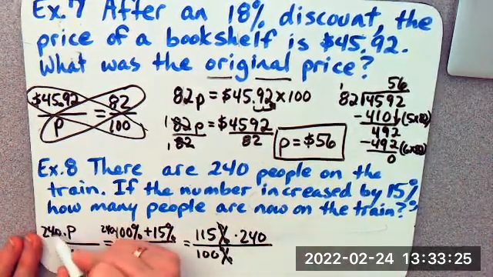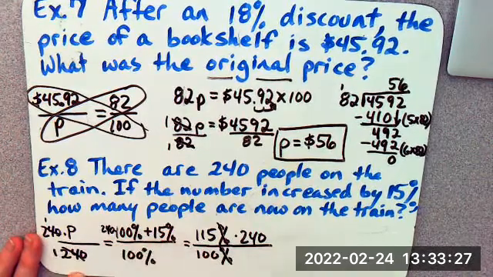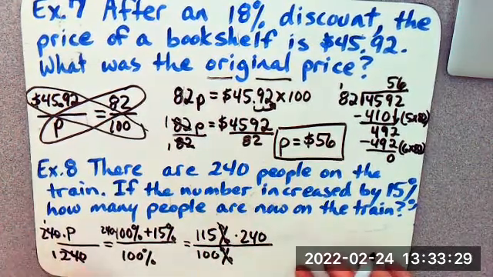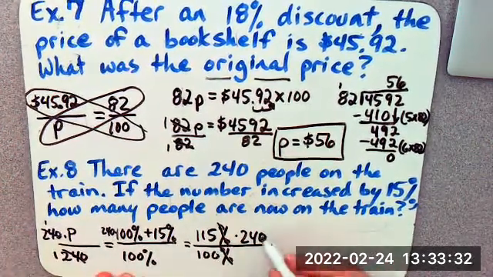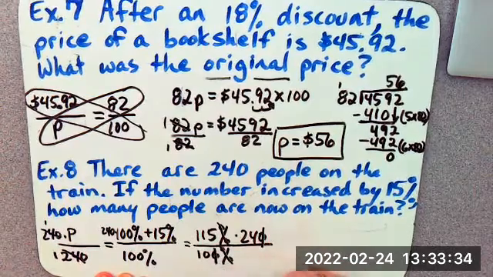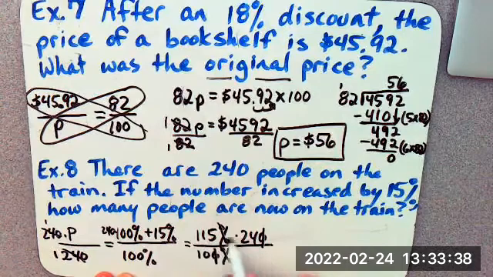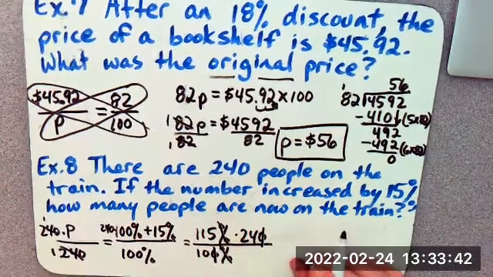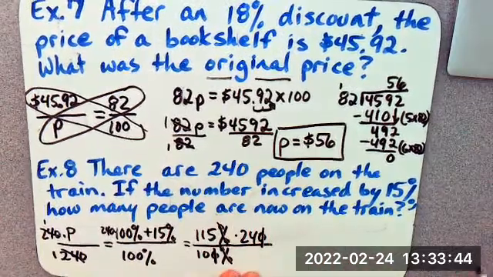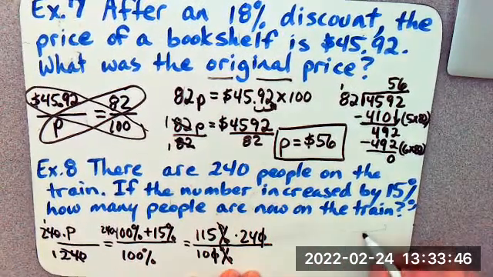So there's 1 240 here, 1 240 there. So now P is by itself here. We can cancel a 0 here. And now we're going to just multiply this top one here to figure out, can we cancel another 0 out? Which I believe we can when the dust settles.